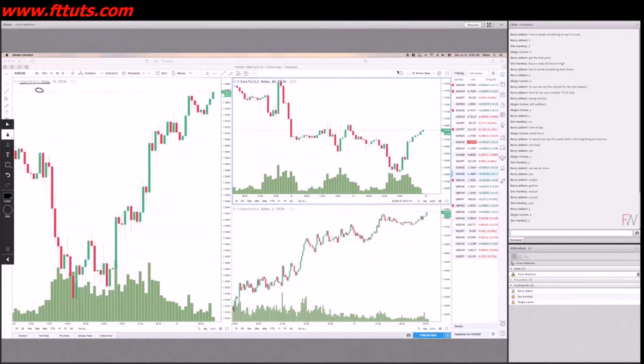Sergio, are you free? Do you want to try this one? Should I give you drawing tools? Okay, I'm going to give you the markers. It's going to be on the left side of your screen, the second icon.